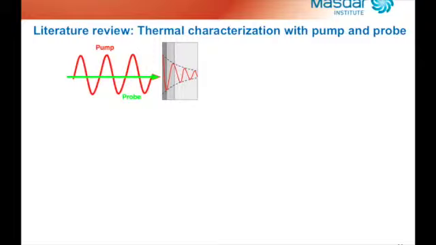And the change in reflectivity is, for small changes of temperature, proportional to the change in temperature. So by doing this, it is possible to determine the temperature of the top layer.